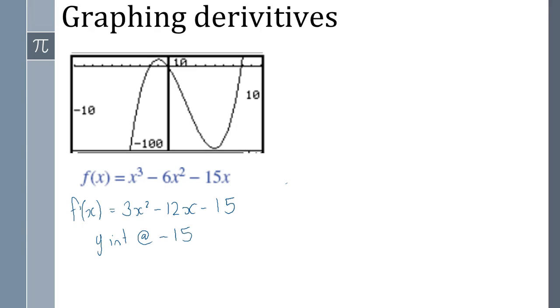X-intercepts are a little trickier. We have to factorize. So our highest common factor first, then simple factorization, AC method, completing the square. What else do we know how to do? Quadratic formula. Okay, we've got a lot of methods there. So I'm going to take the highest common factor out first, which I can see there is 3.